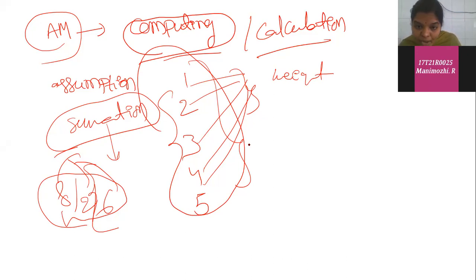Next point, just write down: if some items in a distribution are more important than others. Suppose you feel your second variable is more important than the first one, because here we have the highest frequency. In such cases, what do we need to do?